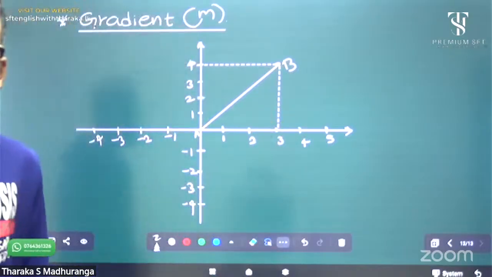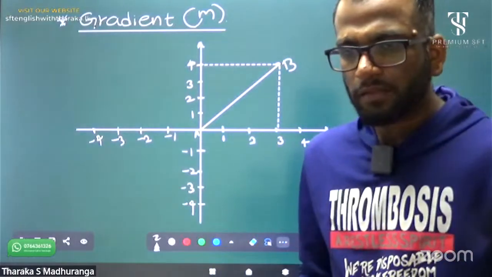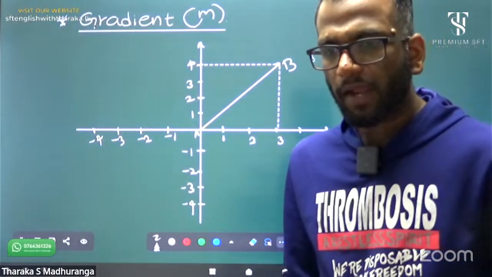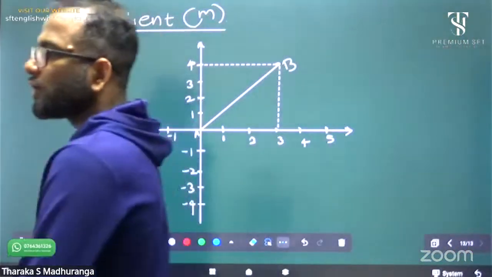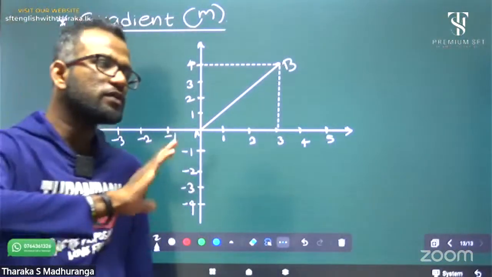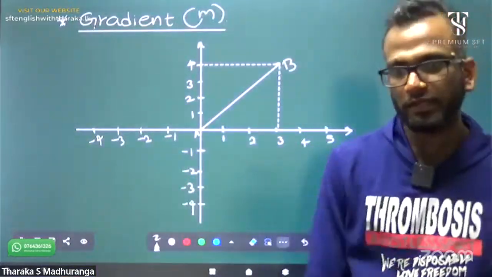What's the meaning of the gradient? The slantness of the straight line. Yes, that's the meaning, or we call it the slope. But that's not the actual definition.